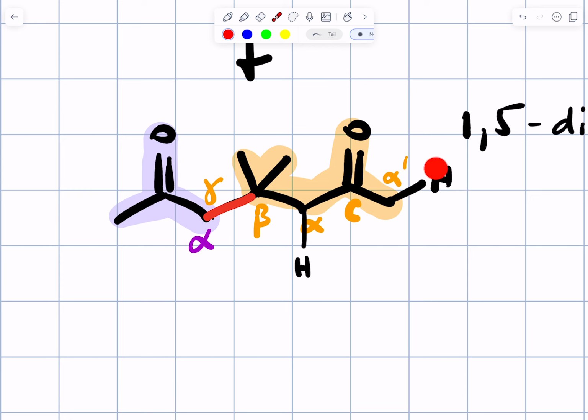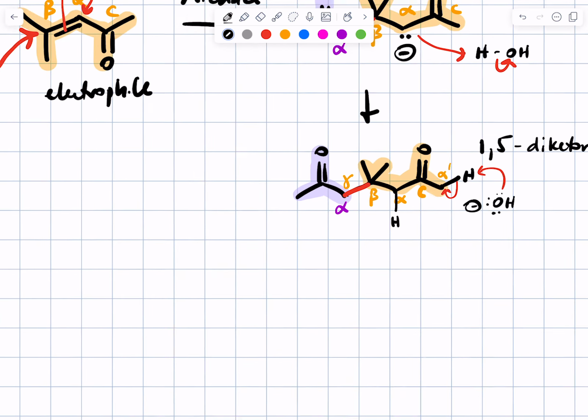So to some extent, you've got to remember the intuition you built up about the intramolecular aldol reaction. There are other choices here, but we're going to choose to make the most stable ring. Okay, so to do that, we'll remove this alpha proton to make an enolate.